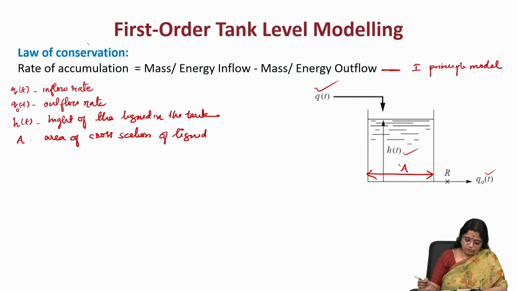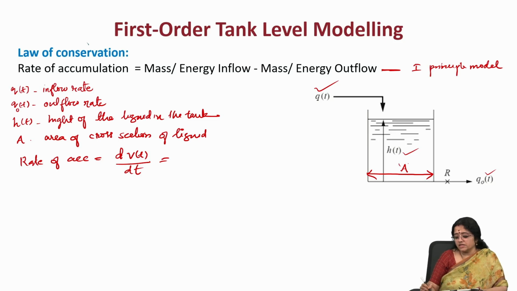So how do we apply this conservation law to this particular tank problem? We know the rate of accumulation here, in this sense, is the volumetric accumulation within the system, that is the volume of fluid being accumulated within the tank, which can be expressed as dV of t by dt.